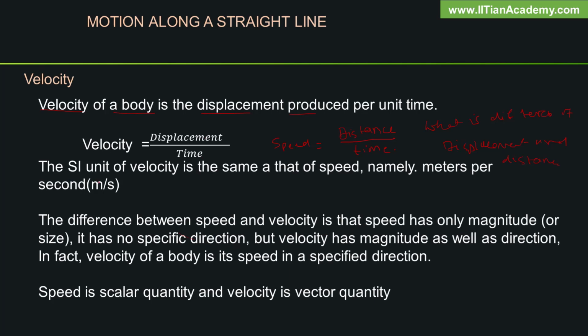The difference between speed and velocity is that speed has only magnitude or size. It has no specific direction, but velocity has magnitude as well as direction.